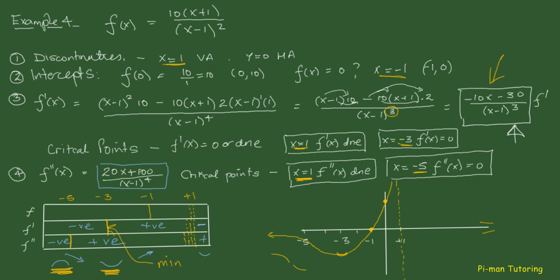The denominator would be a very small positive number, and the numerator would be positive. So we have a positive divided by a very small positive, so we're going to get a very large positive number. So this is the other half of this function, not this guy.